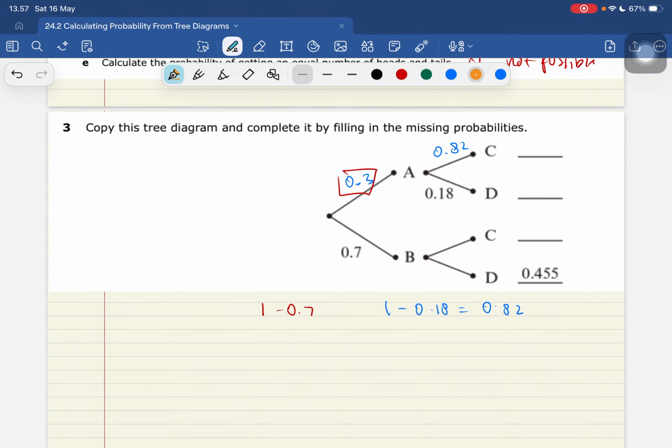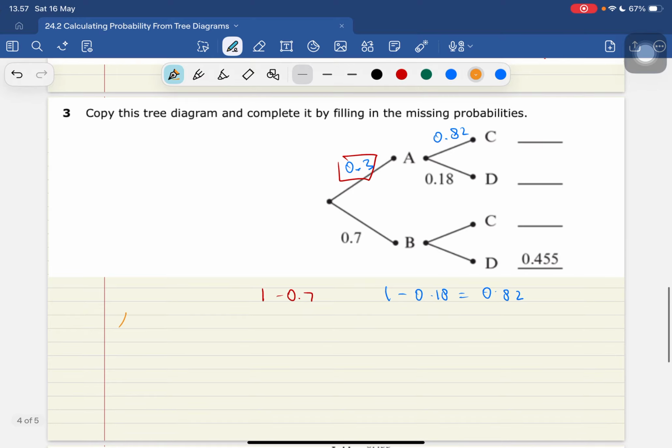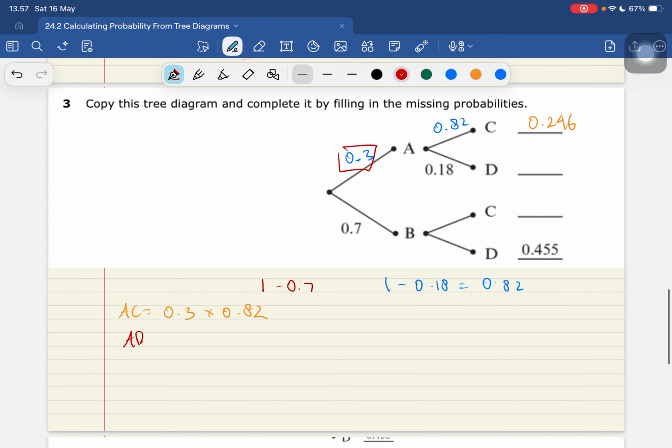To find the probability of AC, we make it 0.3 multiplied by 0.82. So this equals 0.246. Next, AD. So we got 0.3 multiplied by 0.18. We multiply it, so we got 0.05.